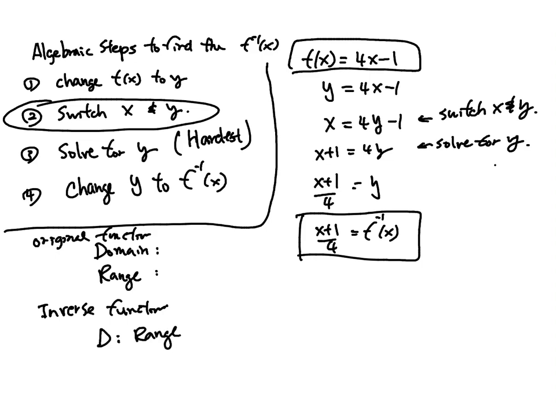So the domain of the inverse function is the range of the original. And you can guess the range of the inverse function is what? The domain of the original.